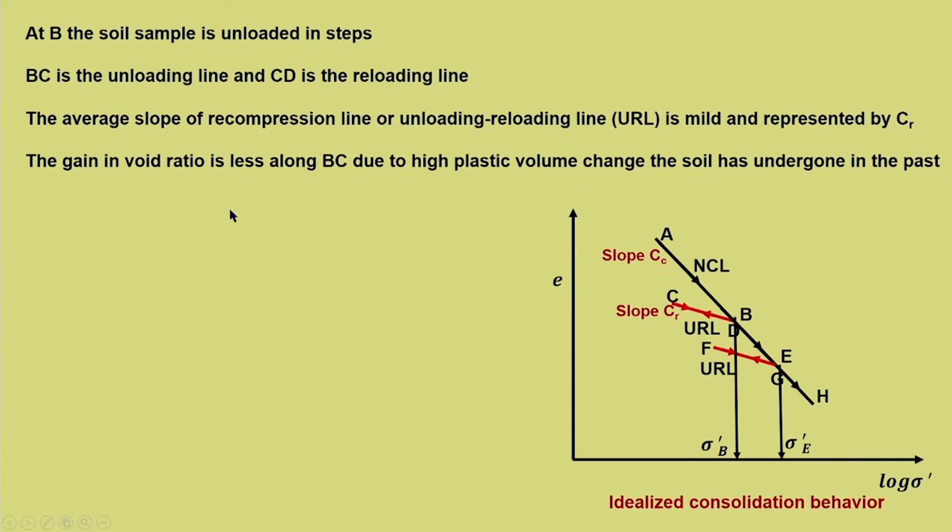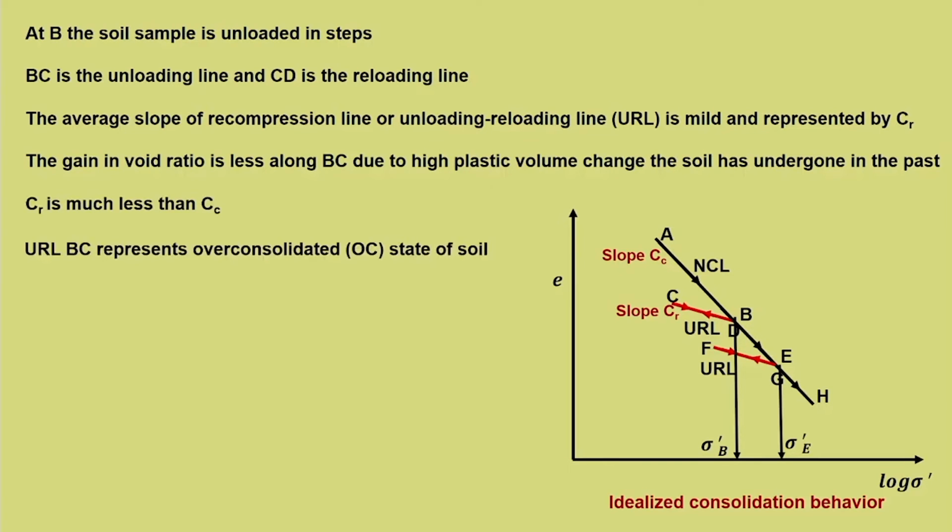Now, whatever void ratio it gains is also less because this much densification has already happened. Now, there will be some amount which it gains, and that is the elastic component which we have already seen in module 1. Cr is less than Cc.